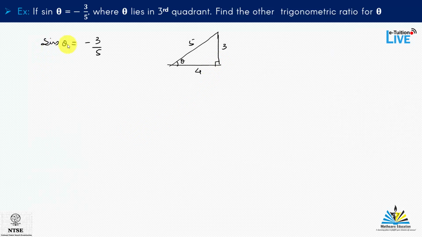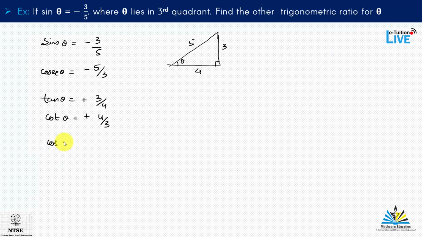Sine theta is minus 3 by 5, so the reciprocal, cosec theta, must be minus 5 by 3. Since theta lies in the third quadrant, tan and cot are positive. Hence tan theta must be positive 3 by 4, and cot theta is the reciprocal, that is 4 by 3.